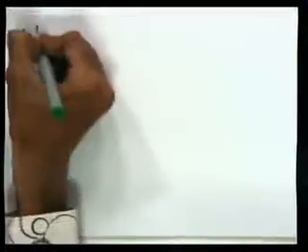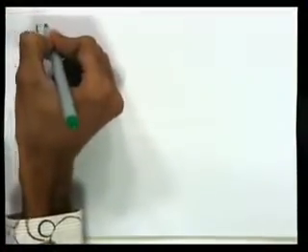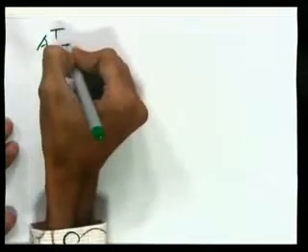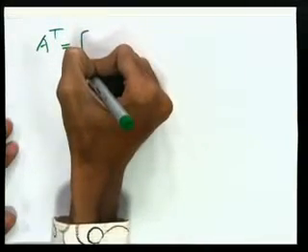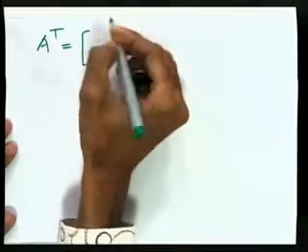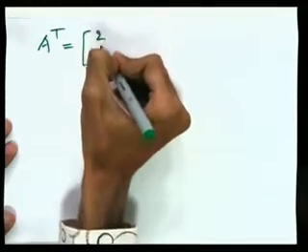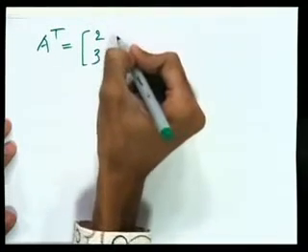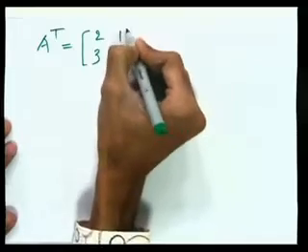So let us look at our right hand side. Here we need to find the transpose of A first. So we have A is 2 3 1 0. So our transpose of A is equal to 2 and 3 in the first column and 1 and 0 in the second column.